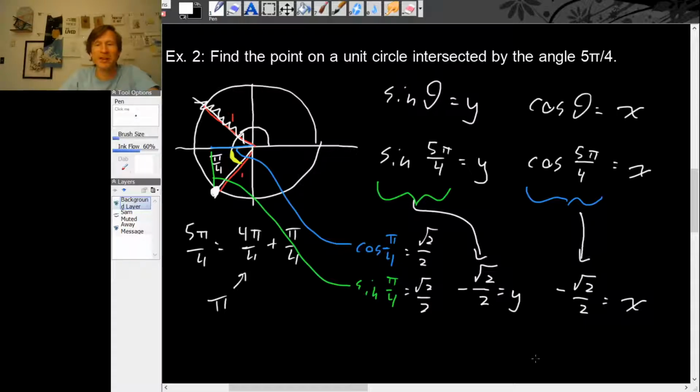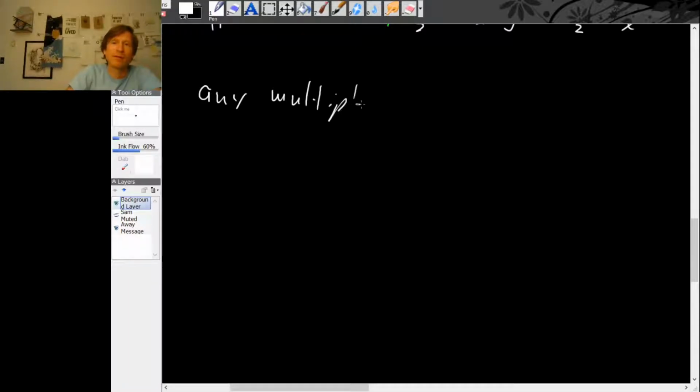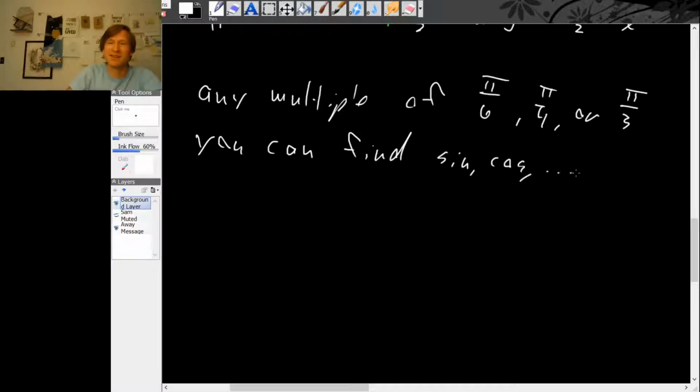So the general phenomenon here is no matter what, if you have any multiple of pi over 6, pi over 4, or pi over 3, I guess all the multiples of pi over 3 are also multiples of pi over 6, but if you have any multiple of these angles, you can find sine, cosine, and all the rest of the trig functions from the known values for pi over 6, pi over 4, and pi over 3.